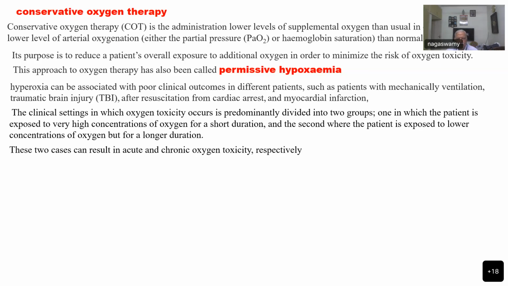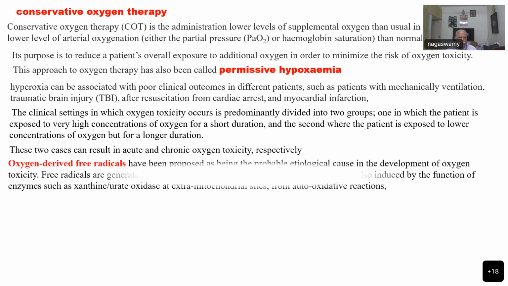So when you give very high concentration like 100% for a shorter duration also, it can produce oxygen toxicity, or lesser concentration for a longer time, that also can produce the same result. So oxygen-derived free radicals have been proposed as being the probable etiological cause for the development of oxygen toxicity.